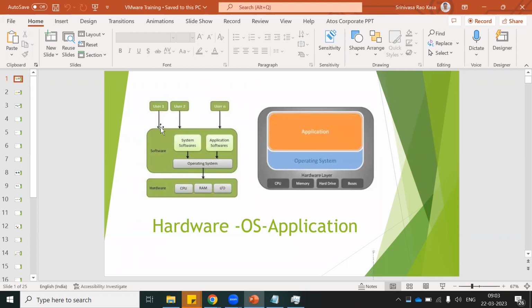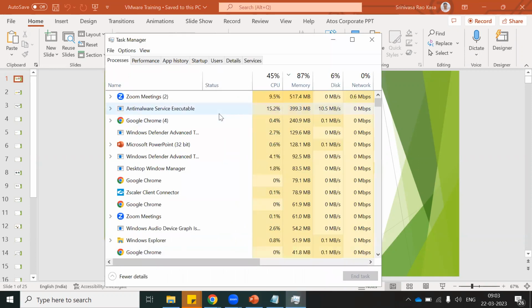What is the key point here? How are the resources shared with the applications? There are multiple applications in this task manager, and each application is getting resources.